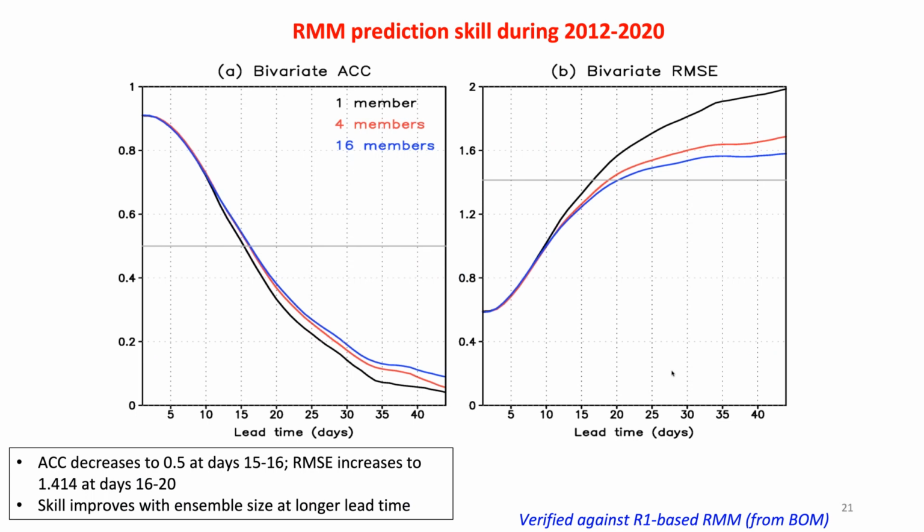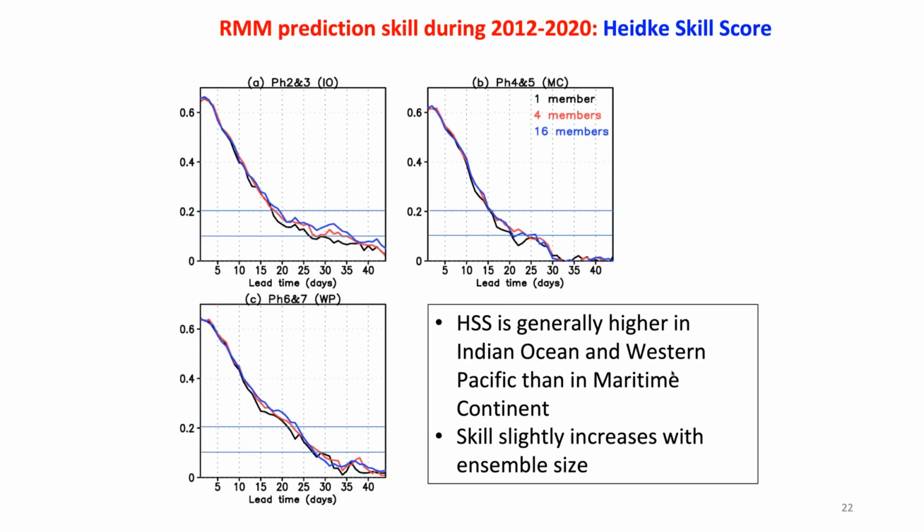Obviously, the skill increased with the ensemble size, and the model forecast skill 0.5 is at about day 15, which is somewhat shorter than in the published results, which all show that the CFS model has a skill of 20 days or 21 days. The reason is probably because here we use R1, NCEP reanalysis 1, for the calculation.